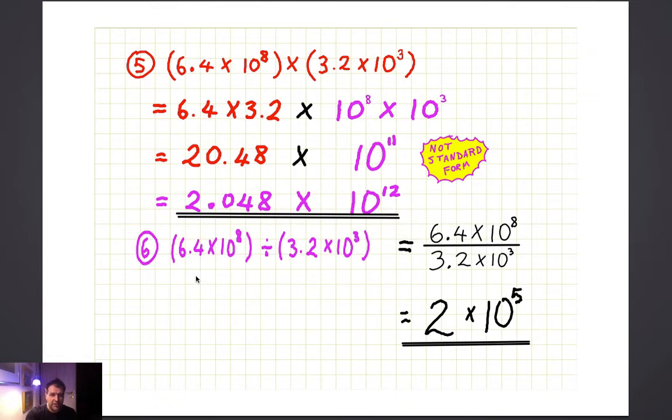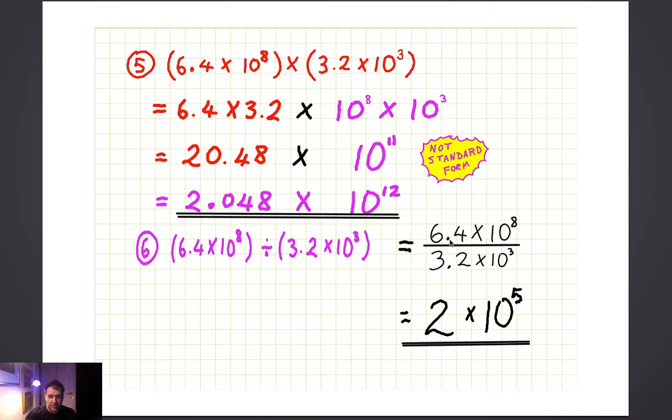And then question 6, 6.4 times 10 to the power of 8 divided by 3.2 times 10 to the power of 3. Now I've written that as a fraction because a fraction means dividing. 6.4 times 10 to the power of 8 on the top, 3.2 times 10 to the power of 3 on the bottom. Now the trick to this is that you can separately do the division for the regular numbers and for the powers.